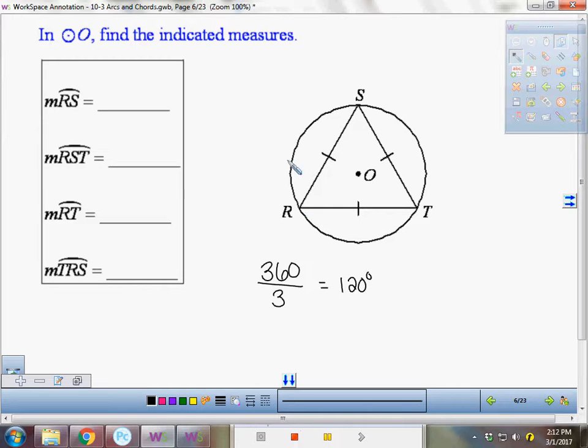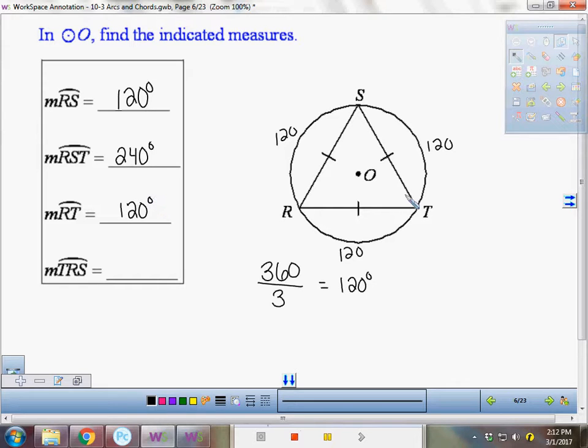So RS is 120, ST is 120, TR is 120. So RS, 120. RST, that's 2 of those, so that would be 240 degrees. RT, that's just one side, 120 degrees.